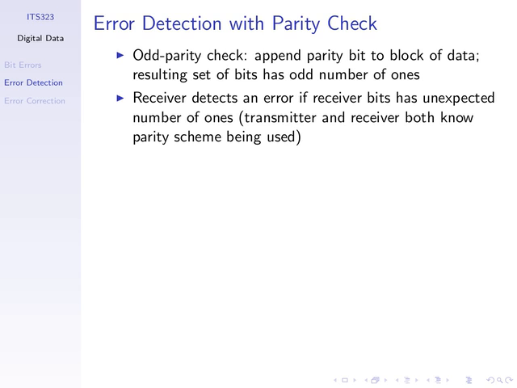Is there an error? Well, what the receiver does is counts the number of ones. 1, 2, 3, 3 ones. Odd. We know that the transmitter should have transmitted an odd number of ones because we're using an odd parity check. Because in this case we receive an odd number of ones, we assume it's correct.